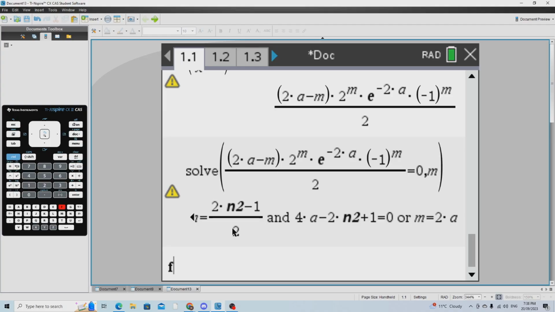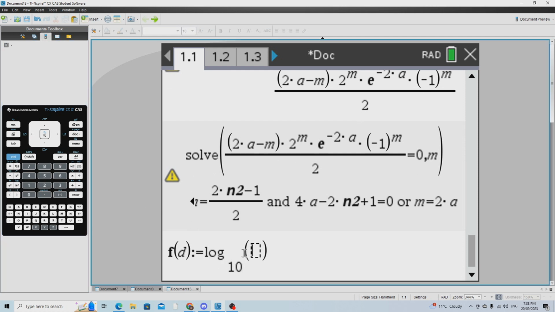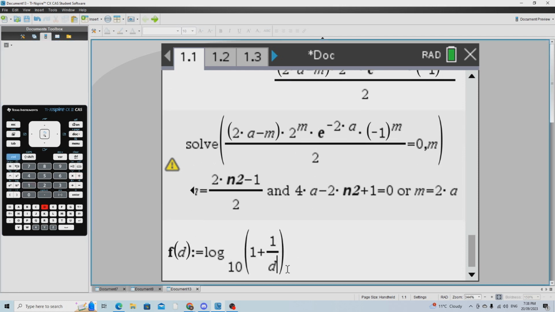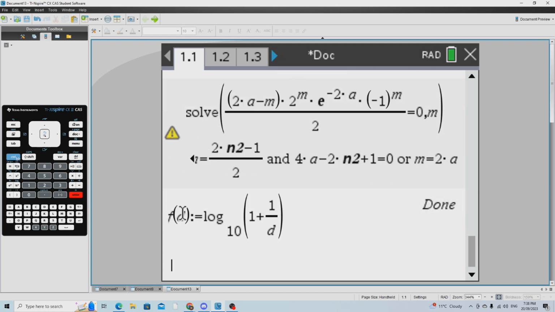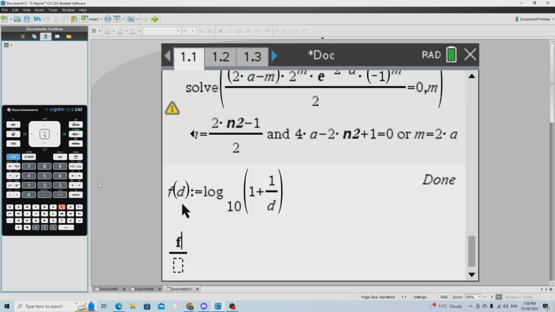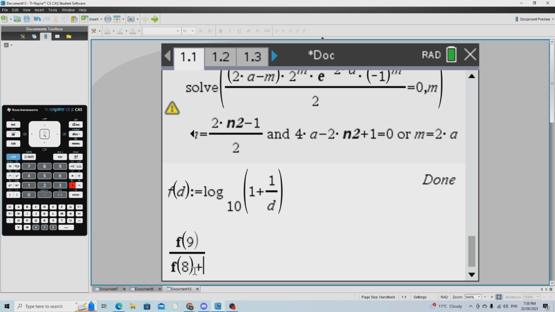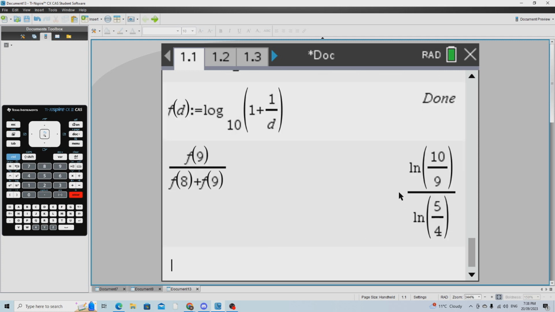Let's say f of d is given by log 10 of 1 plus 1 over d. And we're trying to find f of 9 over f of 8 plus f of 9.